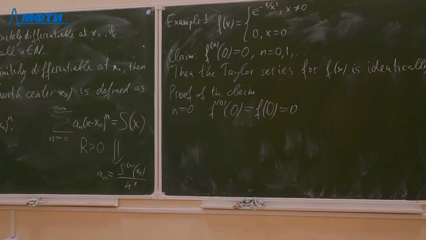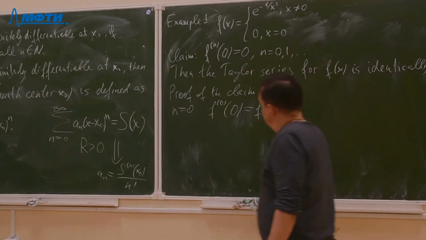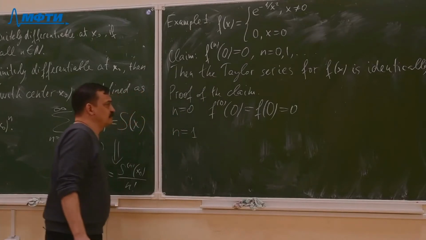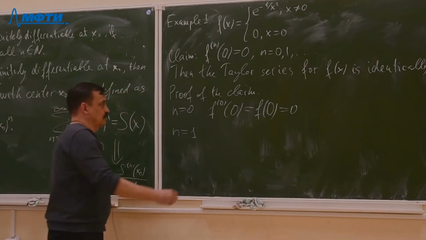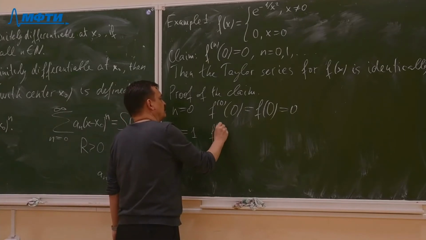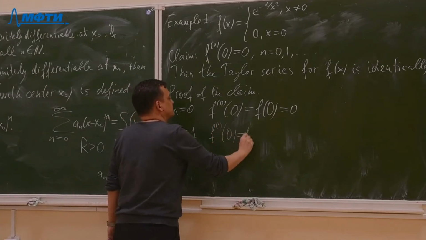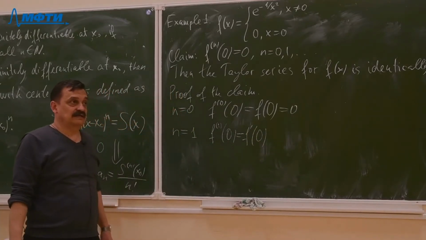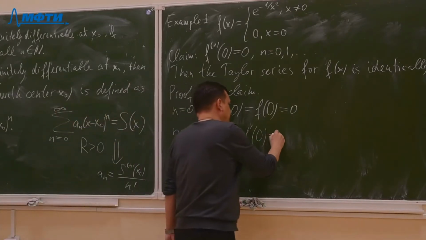Okay, we continue. And you see, for n equals 1, how can the first derivative be obtained? It can be obtained only by definition.